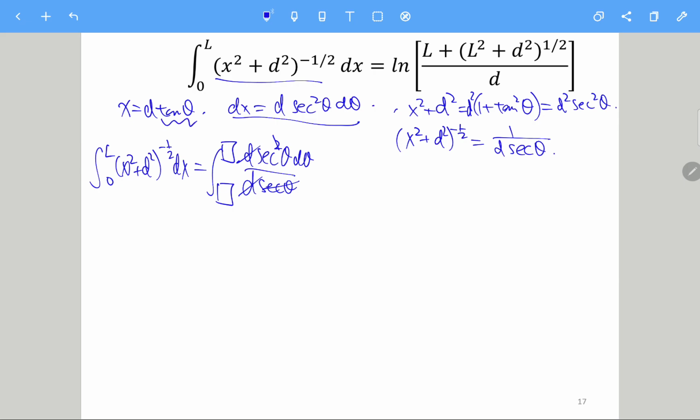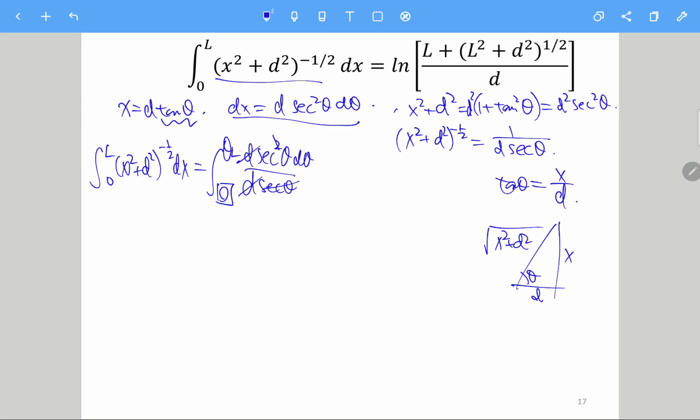We know that tangent theta is x over d, which means we can draw a right angle triangle, where this is theta, this is x, this is d, and this is x squared plus d squared, take the square root. So if x is 0, then this one is 0. And if x is capital L, we call this theta L.